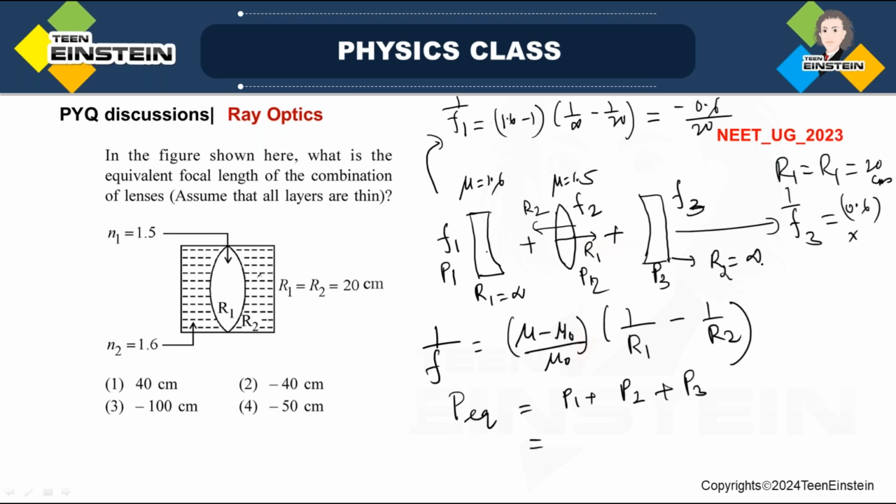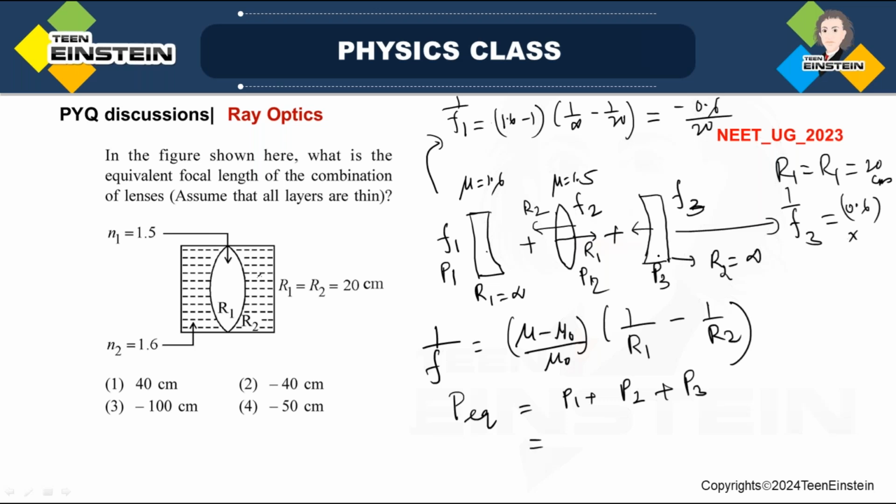R1 has got some value, and see here R2 is actually infinite, isn't it? Sorry, R1 is negative here.